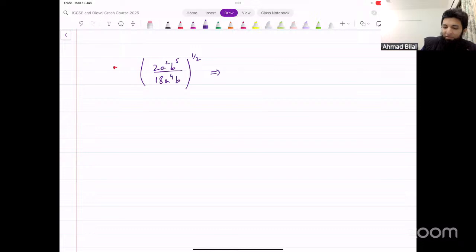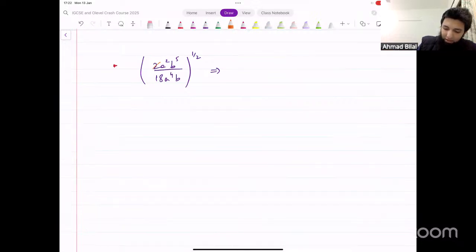How do we simplify this now? Again, simplify what we've got inside the bracket first of all. What does that simplify to? 2 and 18, they get cancelled, and you have 9 there. So you have 1 over 9.